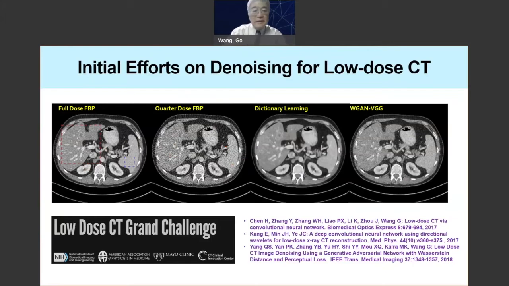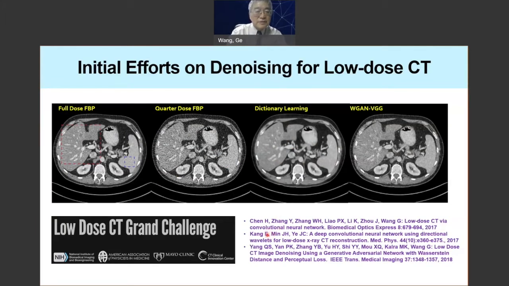In the current algorithm, you use iterative model-based reconstruction. You take Poisson noise and image smoothness into account. The image quality becomes a little bit better, but you can still see blurriness and some residual artifacts. Deep learning showed great promise in this domain, and these are three earliest papers, and there are many other papers.